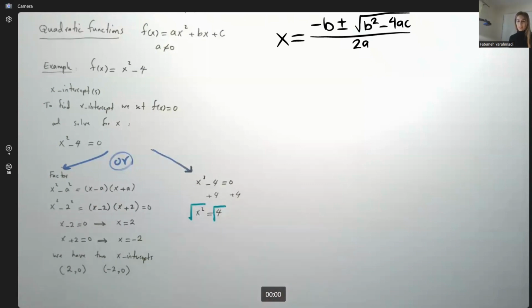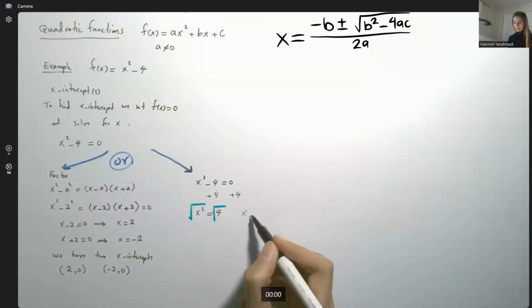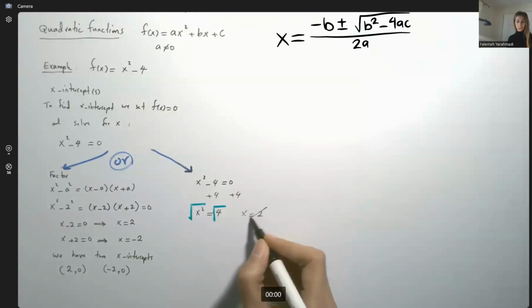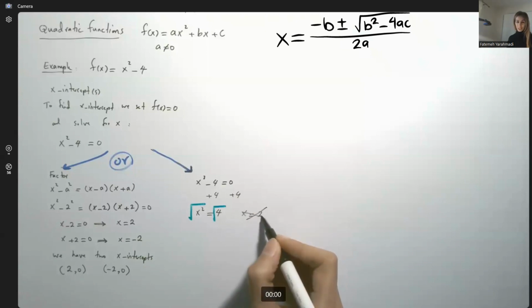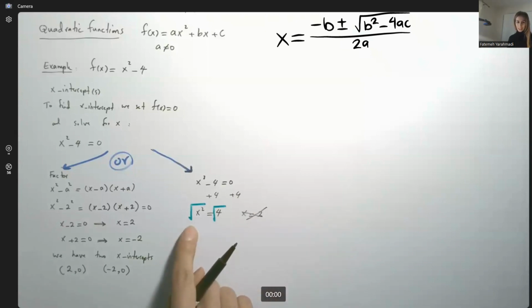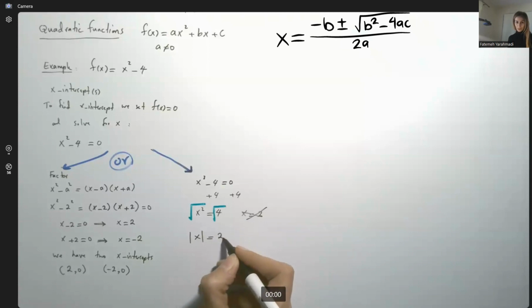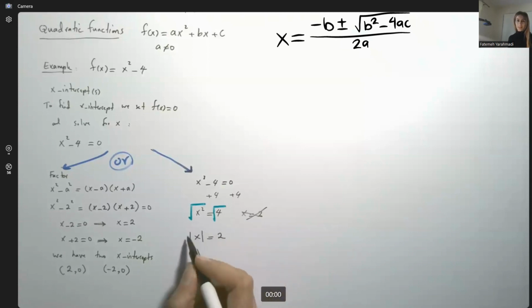It's a common mistake that students just write x equals the square root of 4, or x equals 2, which is not the complete answer here. The left-hand side gives you the absolute value of x, and on the right-hand side you have 2. It says the distance between x and 0 is 2.